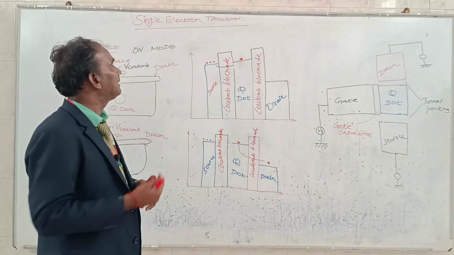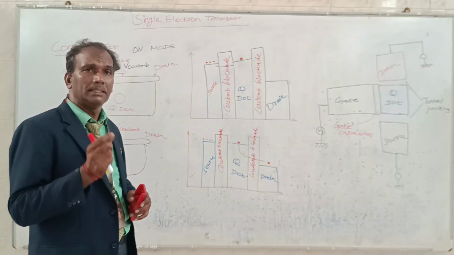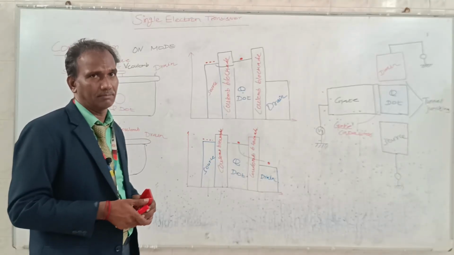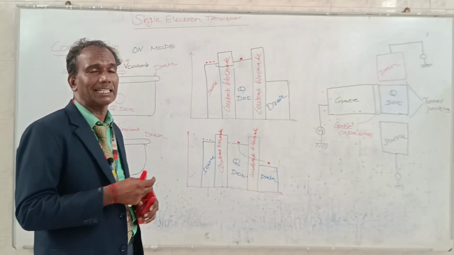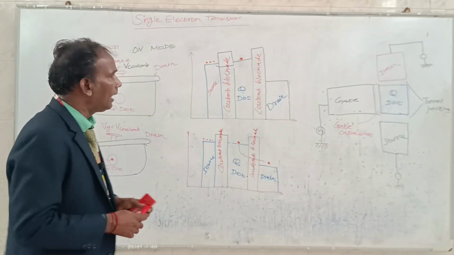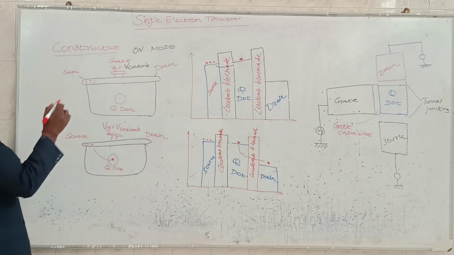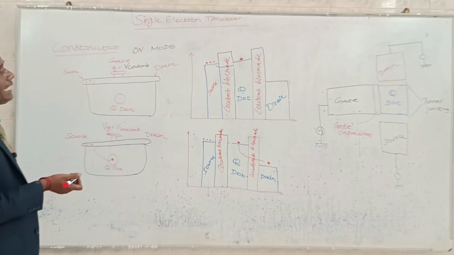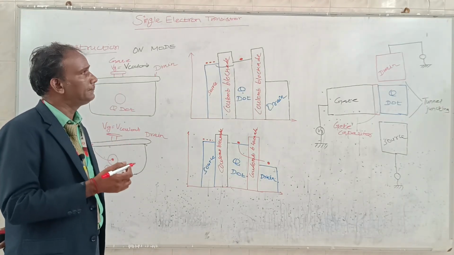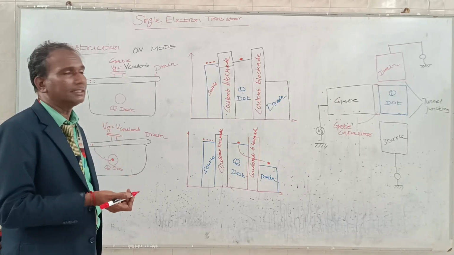To understand the single electron transistor, first we should understand the normal field effect transistor. The field effect transistor can be compared with the single electron transistor. For better understanding, let me recall the meaning of tunneling, then electron tunneling.